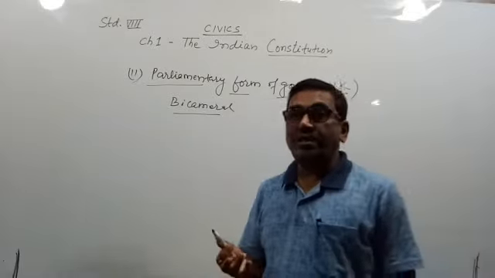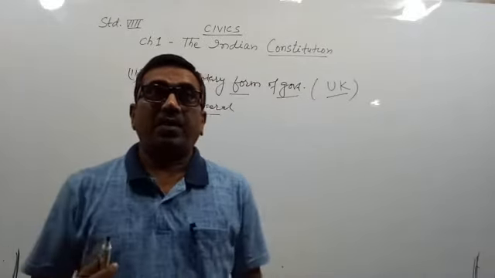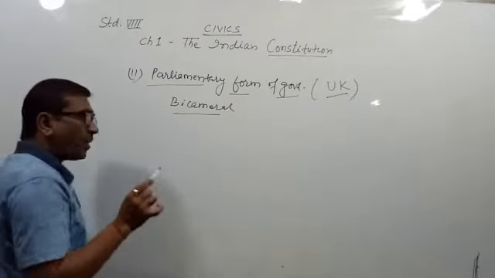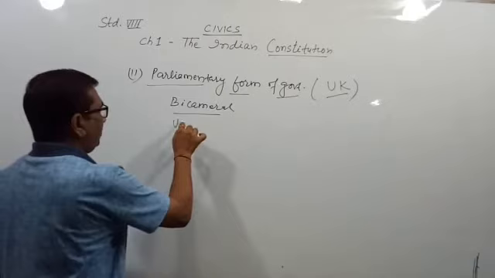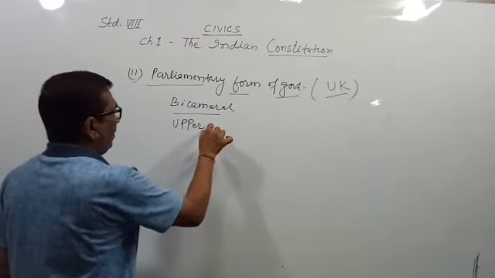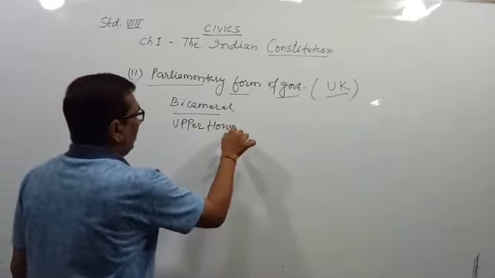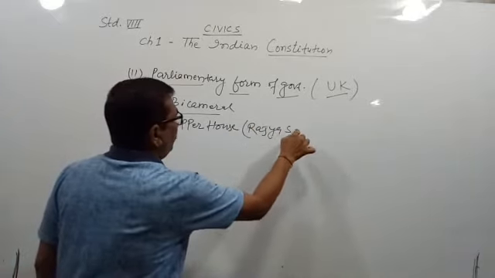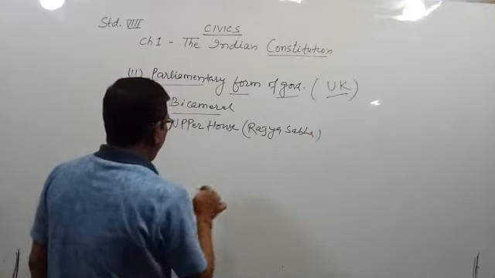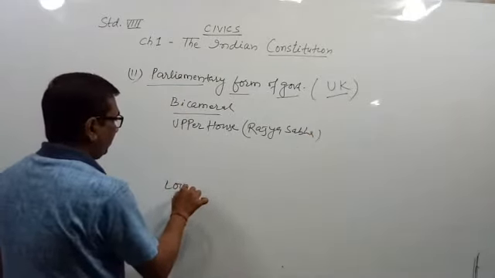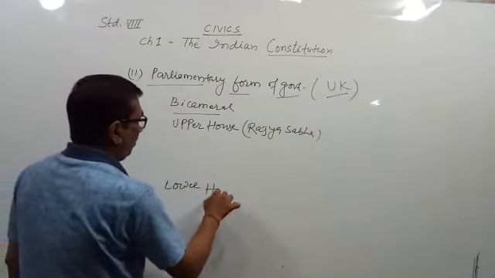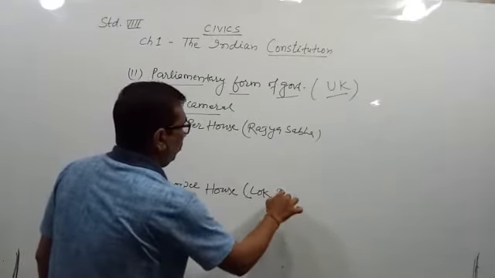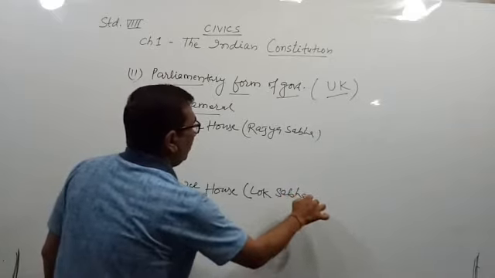What are the two houses of the parliament that we have? The two houses of parliament are, one, the upper house or Rajya Sabha, and another, the lower house or Lok Sabha.